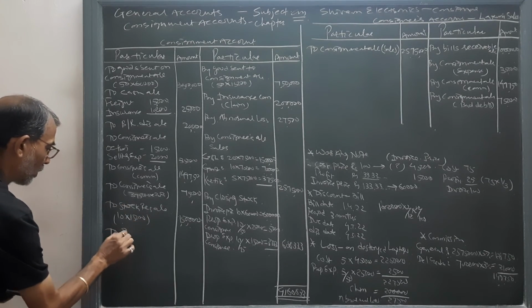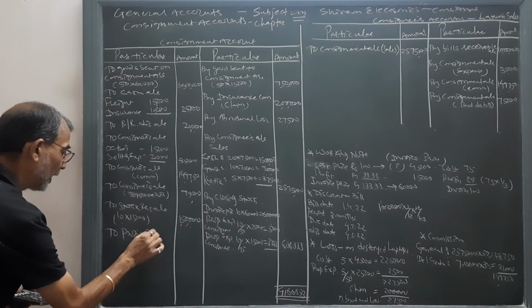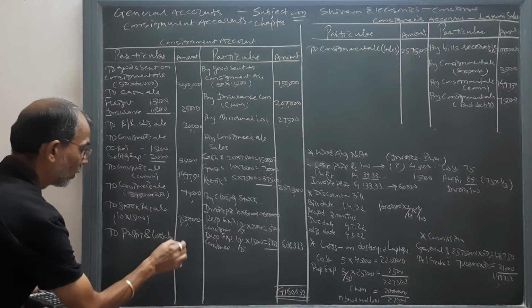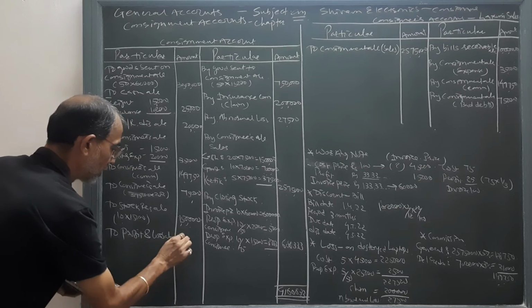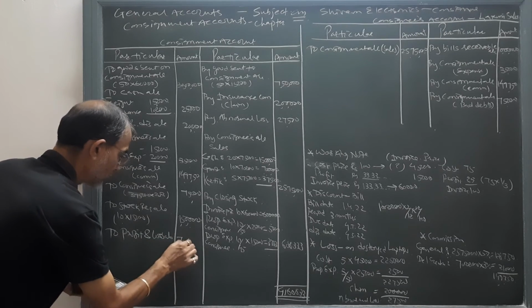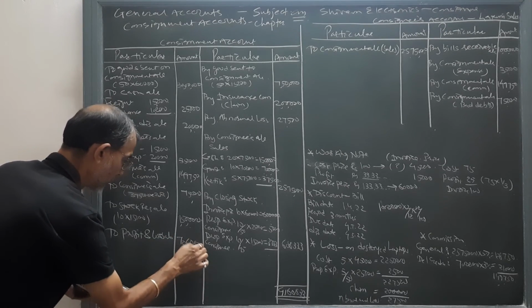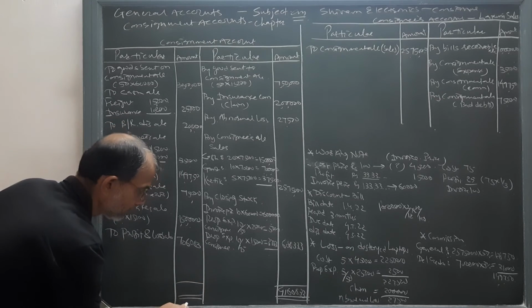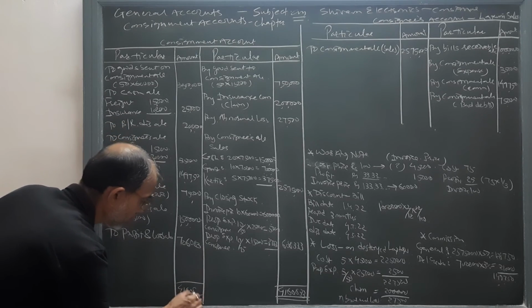So the profit and loss account, that is 7,06,083. Total on the debit side also same.